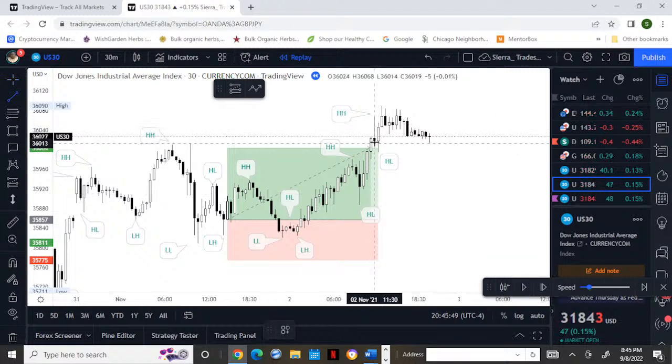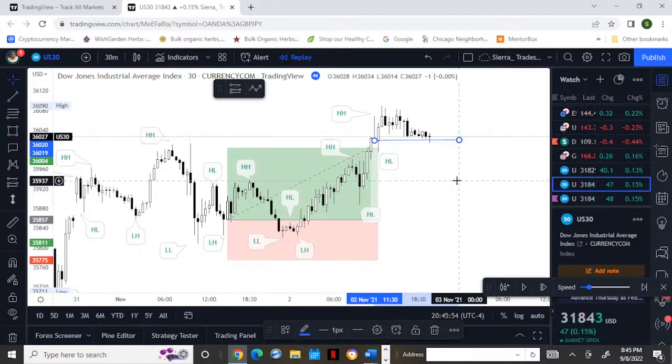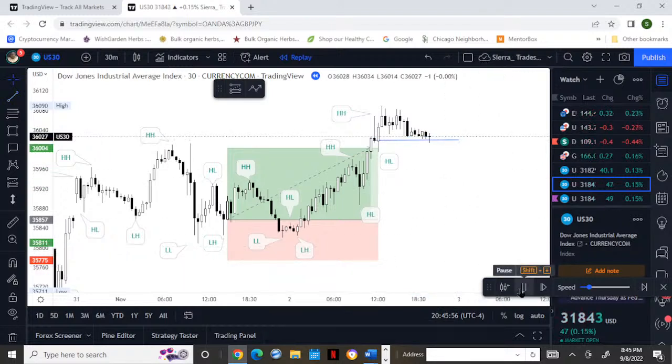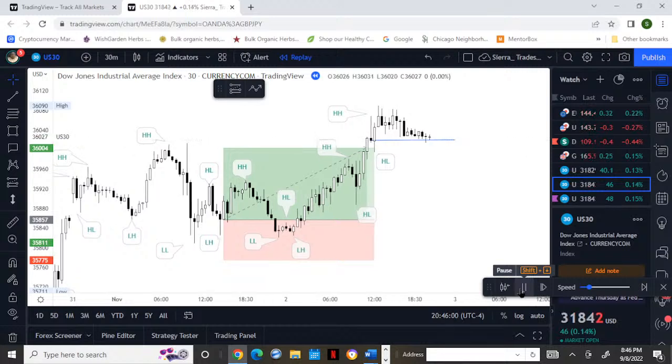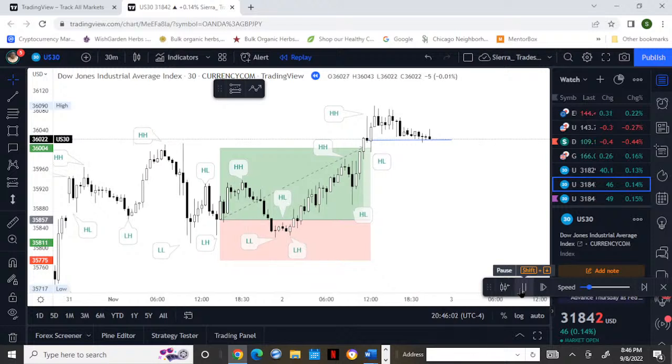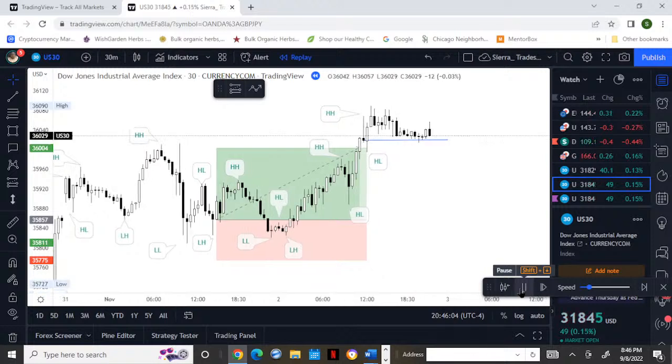All right, looks like it's trying to break structure. Which is still minor structure, and it's holding.